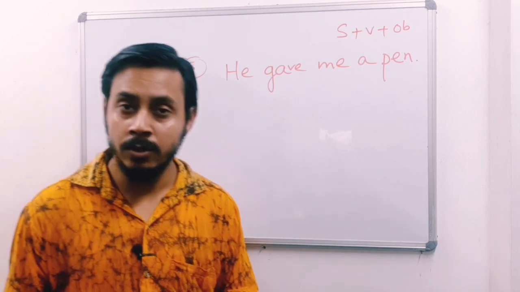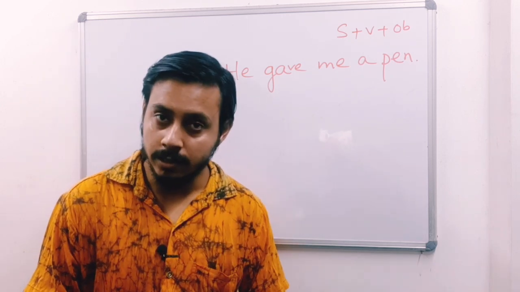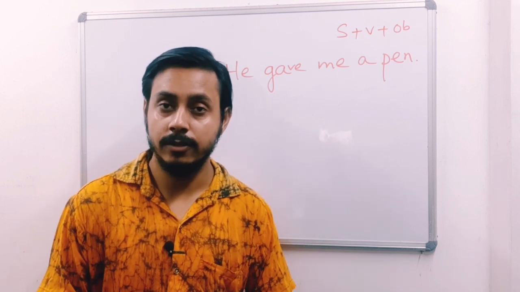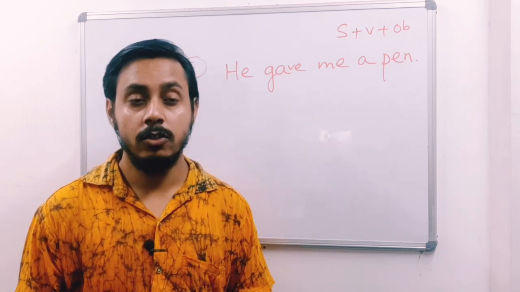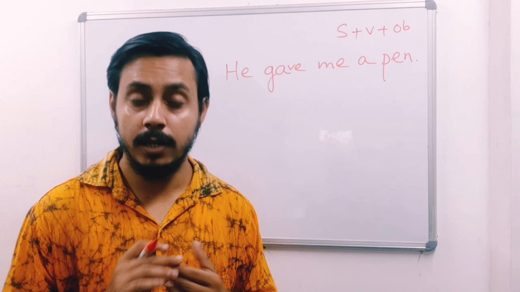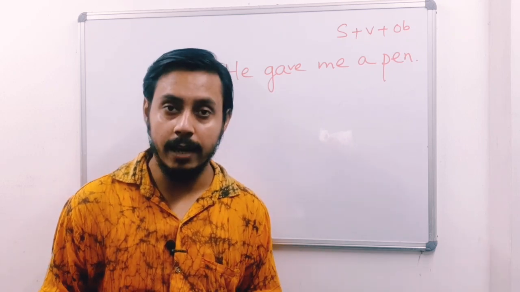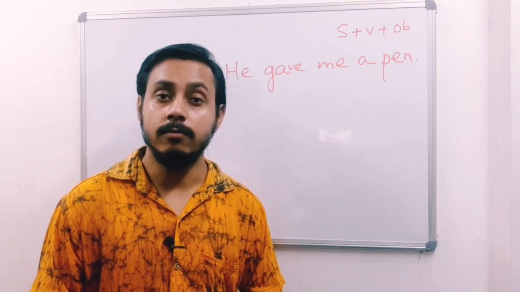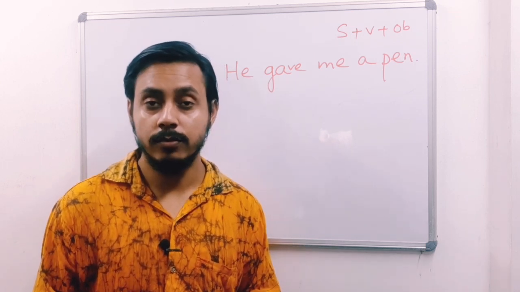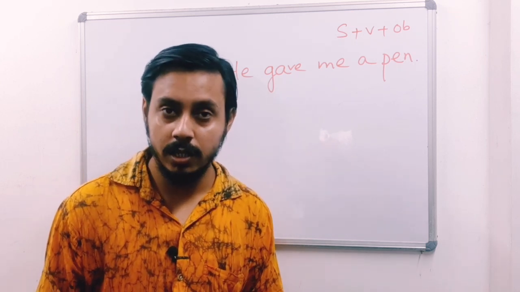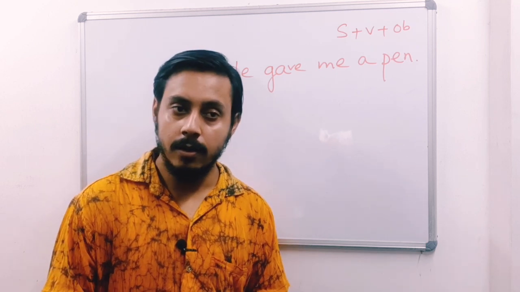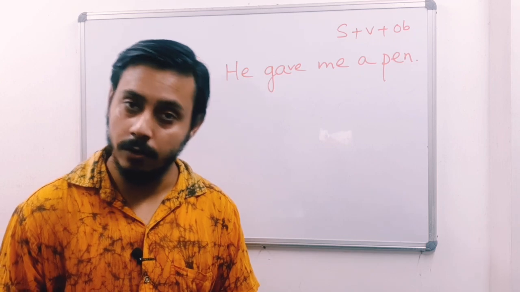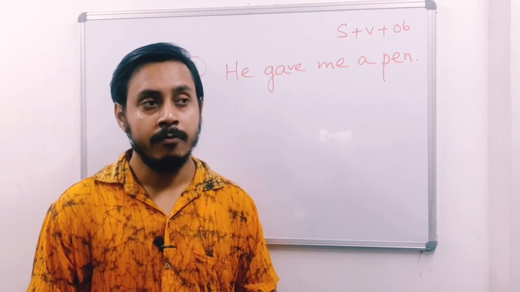Now, do you know that a sentence may carry more than one object? It is not always compulsory, not always obligatory, that a verb has to have only one object. In fact, a verb may carry more than one object.